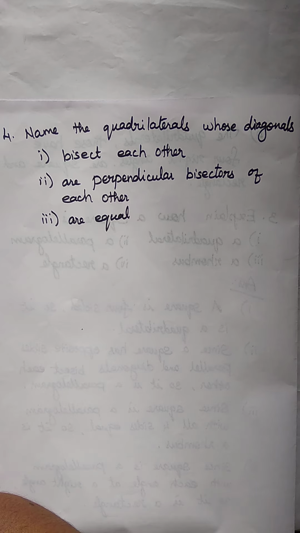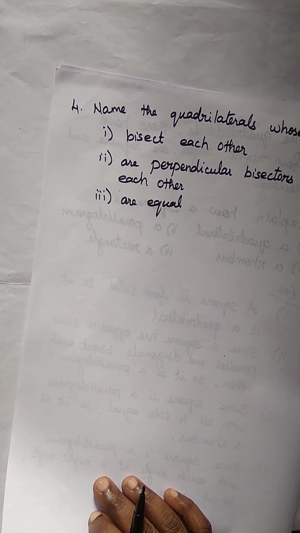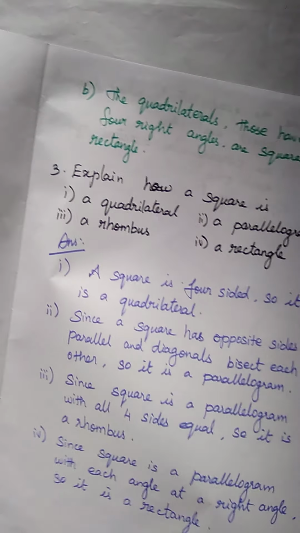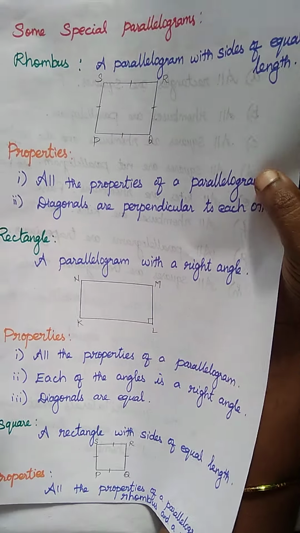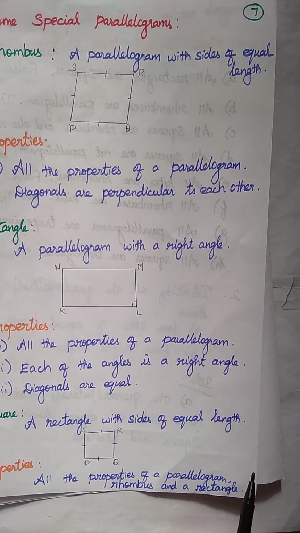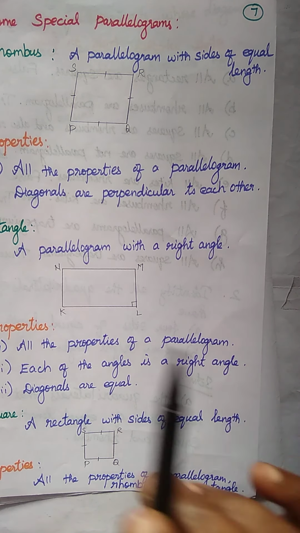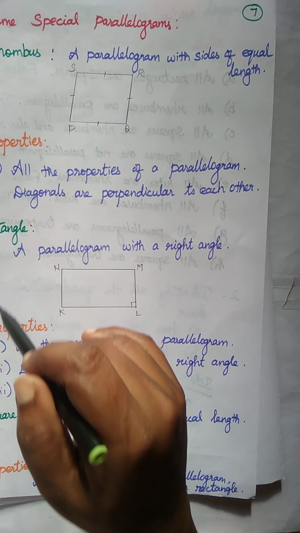Okay, so now say bisect each other. The diagonals bisect each other, எதுலன்னா, see already in the last part எதில் நம்ம வந்து சொல்லியிருந்தோம். In rhombus, rectangle, square எல்லாத்துலயுமே diagonals bisect each other. In parallelogram the diagonals bisect each other, so all the properties are satisfied in rhombus, rectangle and square.